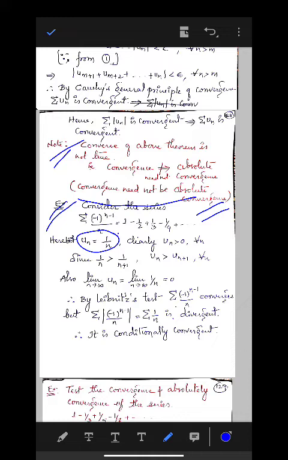So let us see, here un is equal to 1 divided by n we have taken. Clearly un is greater than 0, right? And 1 by n is greater than 1 by n plus 1, un plus 1 we have considered. Un is greater than un plus 1. So the first condition of Leibniz theorem is satisfied. And the second condition is what?